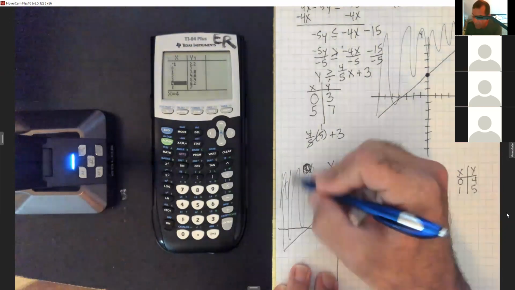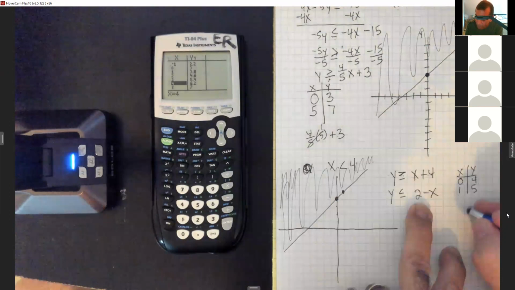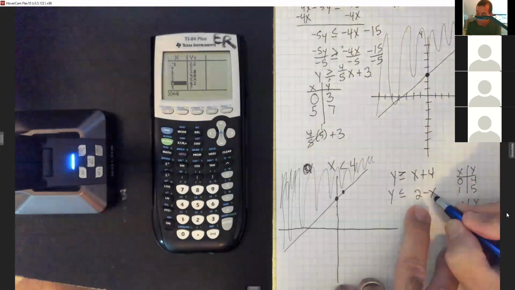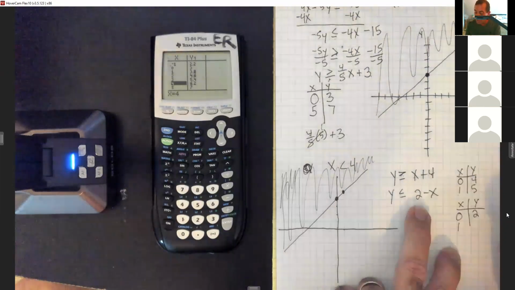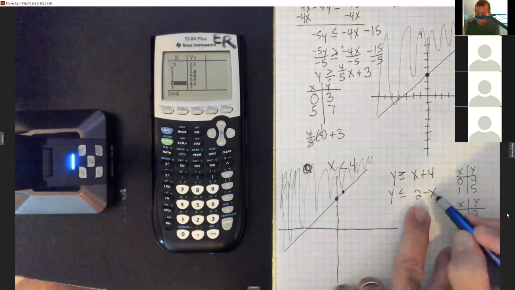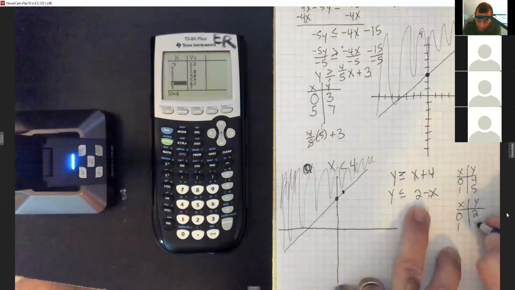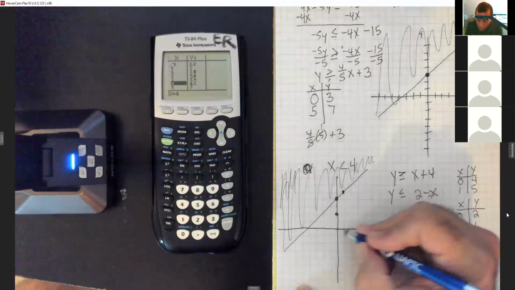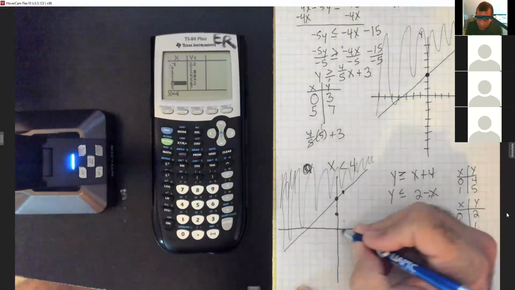Now we would graph this one, and I'm still using 0 and 1. Well, if x is 0, 2 minus 0 is 2. When x is 1, 2 minus 1 is 1. So that one has a 0, 2, so go up 2. And then a 1, 1, so right 1 and up 1.